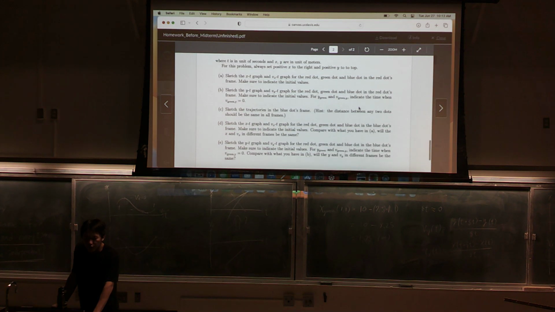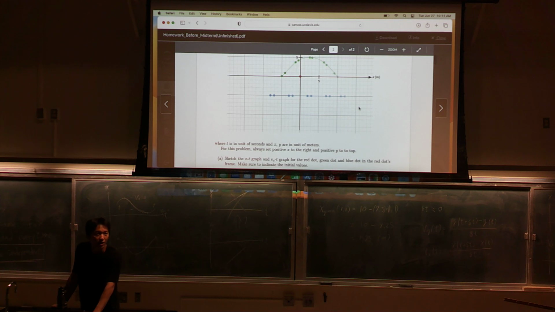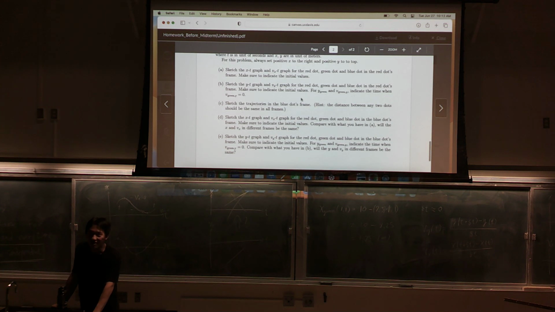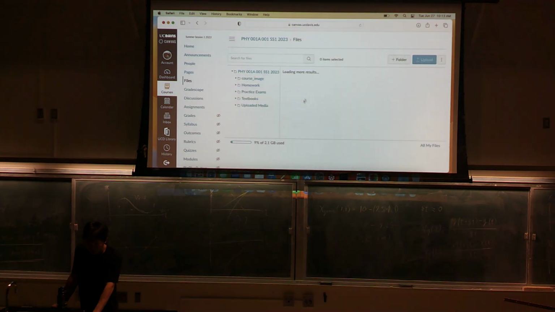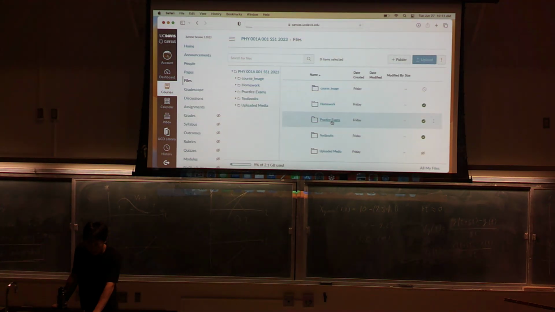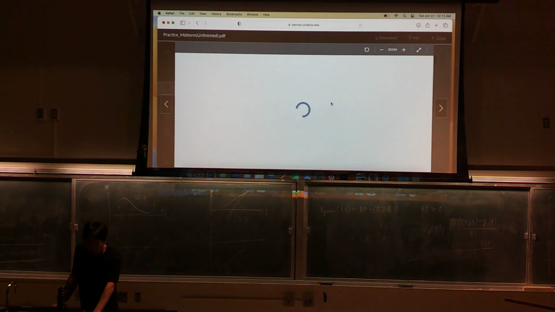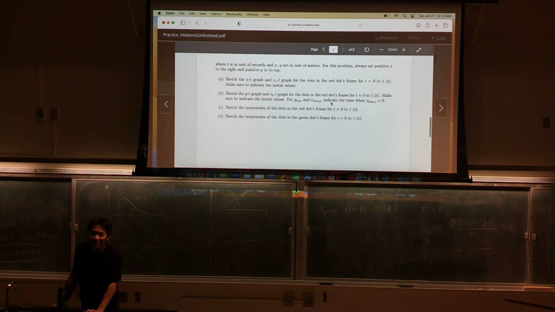And the difference between the homework and the practice exam is that the practice exam will be more like the format of the actual exam. I'm not going to ask you to do all this in an exam, that's too much. So there's A, B, C, D for the homework, but if you look at the practice exam, there's only A, B, C. It's one question, something like that, okay?